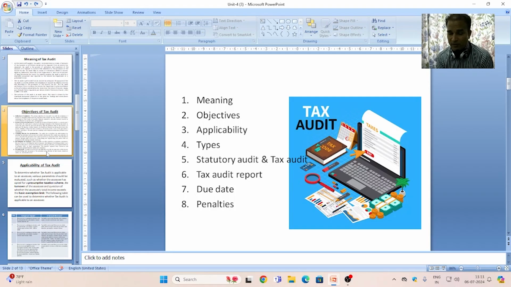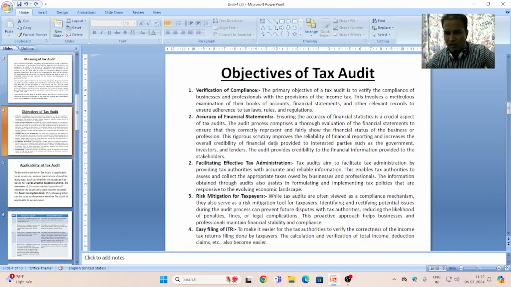What is the objective of tax audit? The objective of tax audit is verification of compliance, that is, whether the SSC followed or adhered to the tax laws, rules and regulations of the Income Tax Act 1961.